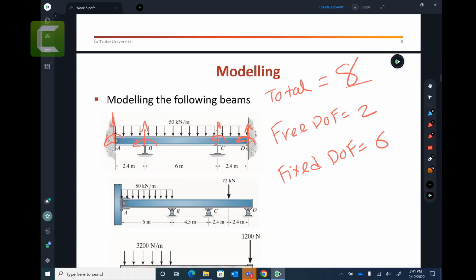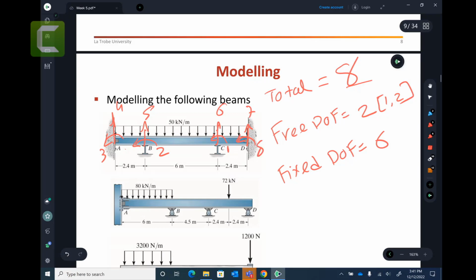Now when we need to put the numbering, we put free degrees of freedom, which are unknown degrees of freedom, as a starting point. So I think this is number 1 and number 2. So you can see these, 1 and 2, are free degrees of freedom. And after that, you can put 3, 4, 5, 6, 7, and 8.